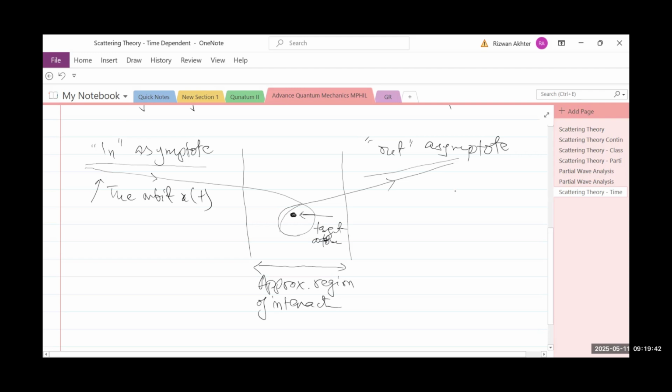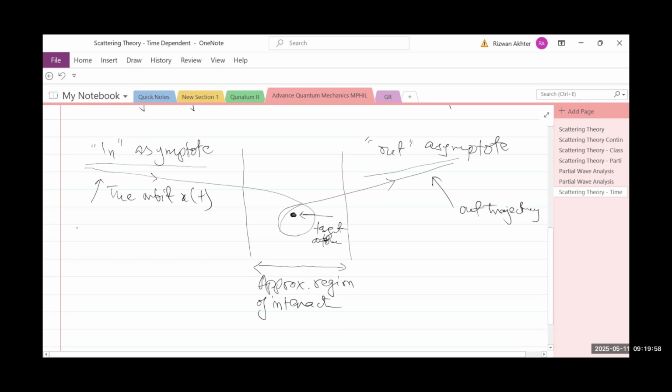This is the out trajectory, and this is the in trajectory.